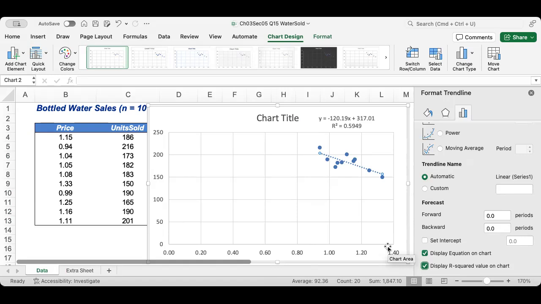Now, I have to figure out which I think are the cause variables and which is the effect variable. The way I've set this up right now, my cause variable appears to be dollars, and my result, my output, seems to be number of units. As cost goes up, units goes down, because I can control costs easier than I can control how many people buy the water.